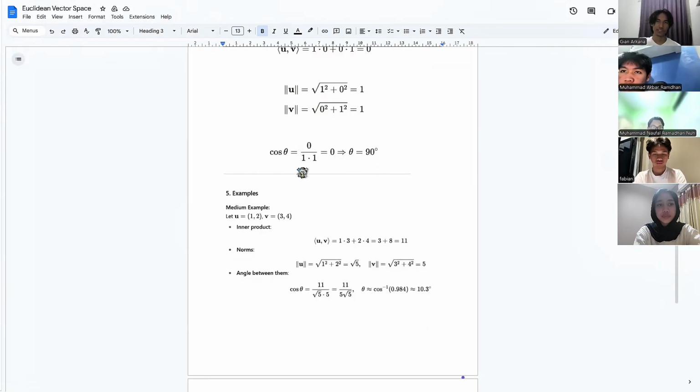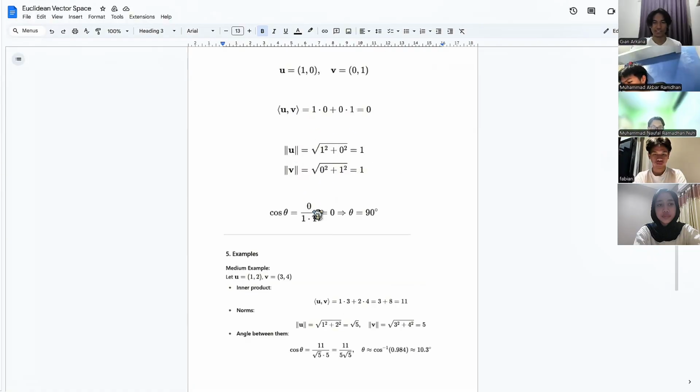Here, to calculate the angle between both vectors, we need to divide the inner product or dot product, which is 0, by both of the lengths of the vectors, which is 1 times 1, in which we have 0.